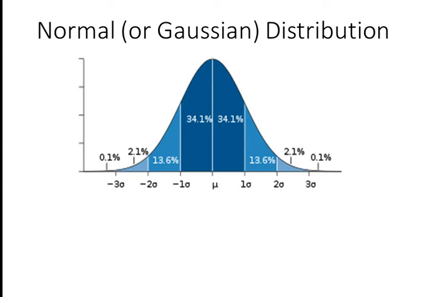So if it's symmetric, it would also mean that the mean is the median. So 50% of values will be to the right, and 50% of the values will be to the left. Standard deviation determines how flat and wide the curve is. Sigma denotes standard deviation.